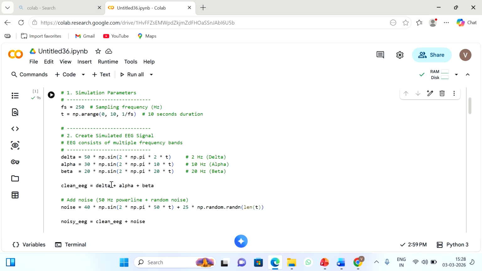That is why the length of the noise will be equal to that of the EEG signal. That's all. Thank you.